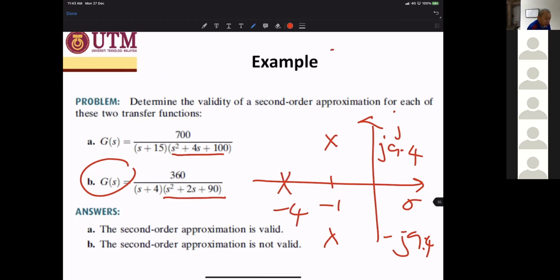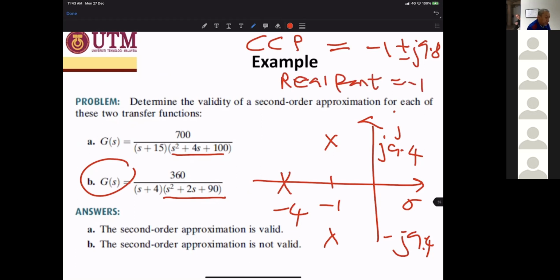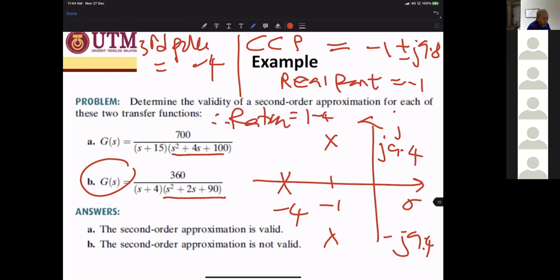So you can see that the complex conjugate pole is -1 plus minus j9.4, and the real part value is -1. The third pole is equal to -4. And the ratio, -4 divided by -1, is equal to 4, which is less than 5.